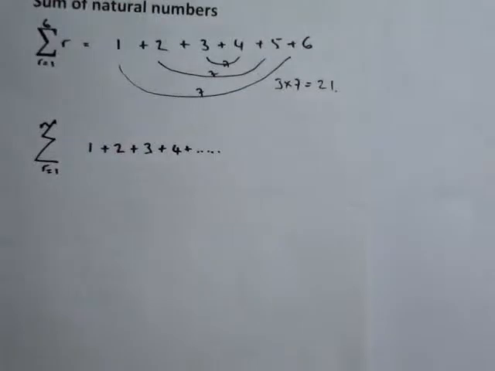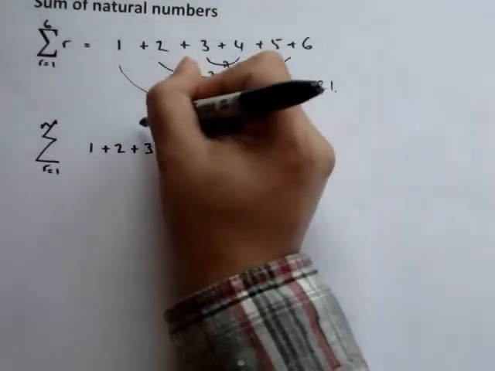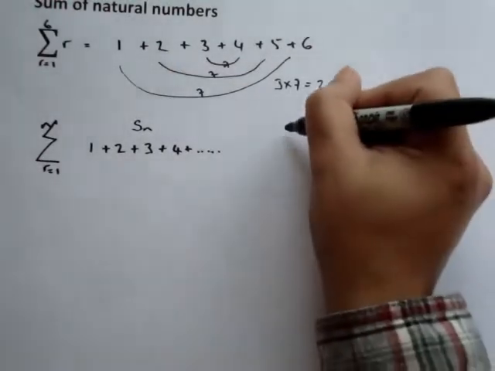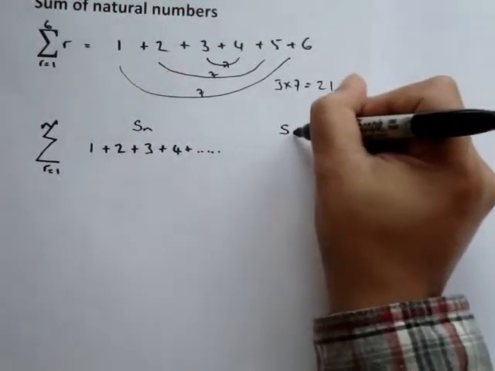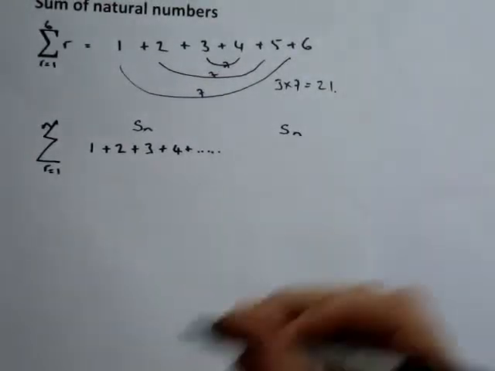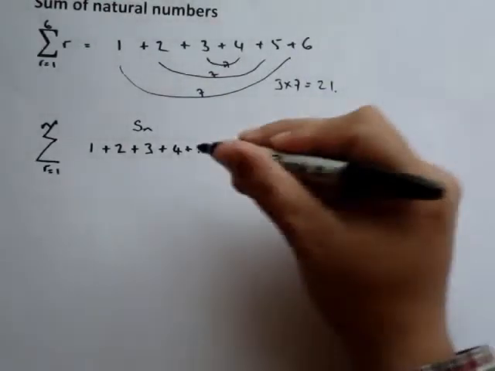And if we take a second set, so this would be our first sum of numbers, and if we take our second sum of numbers and we do the reverse, so right at the end we would have our n.